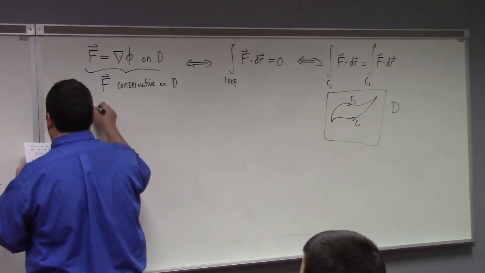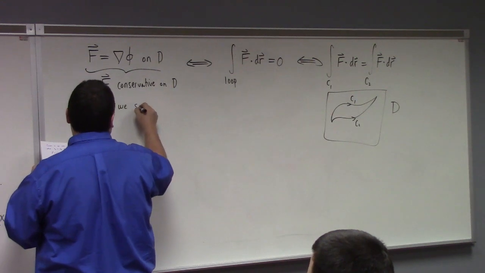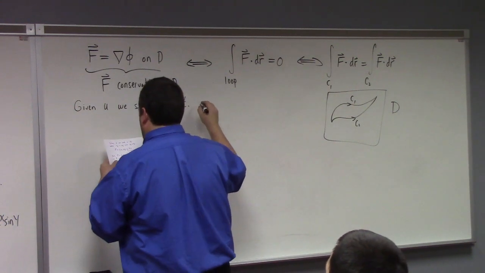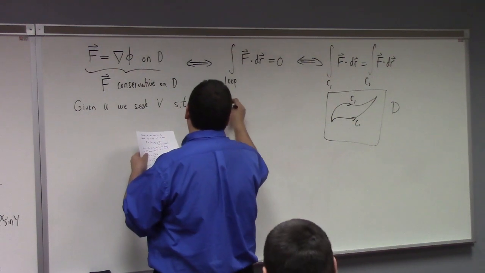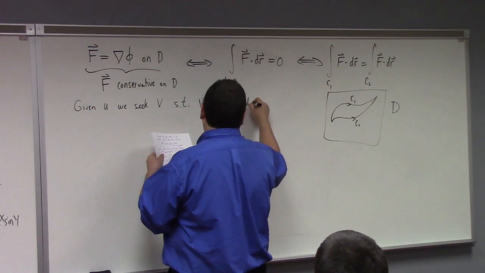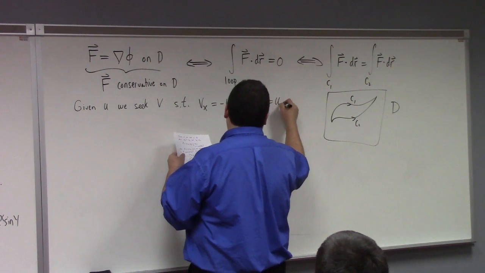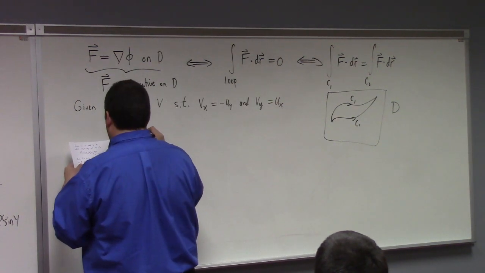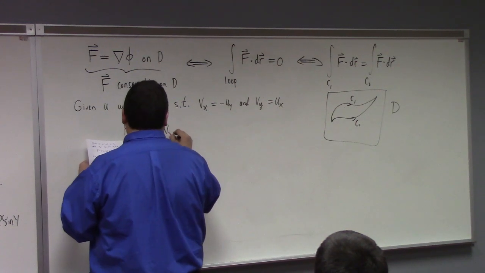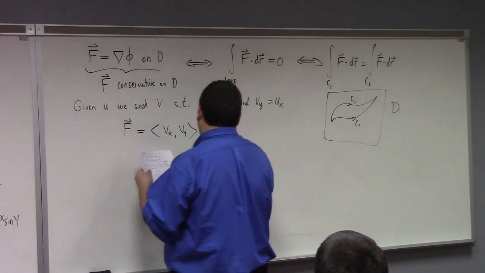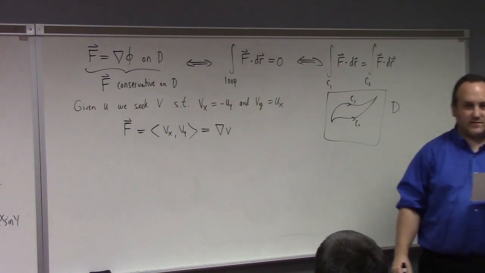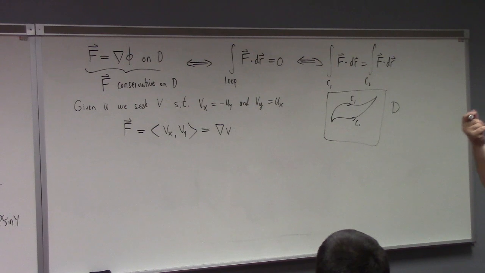Given U, we seek V such that Vx equals minus Uy and Vy equals Ux. If you think about that, we're looking for the vector field formed by Vx, Vy, which is the gradient of the V function. See, V would be the potential for this vector field, Vx, Vy.